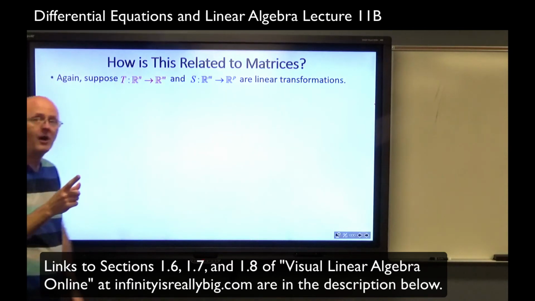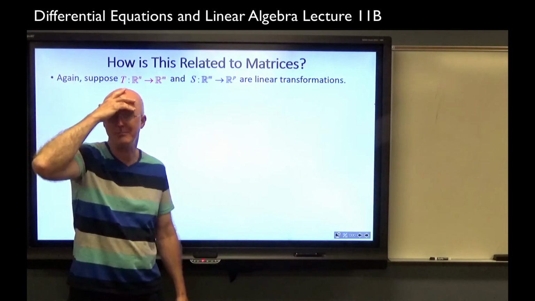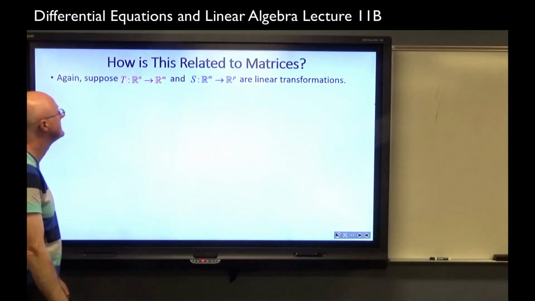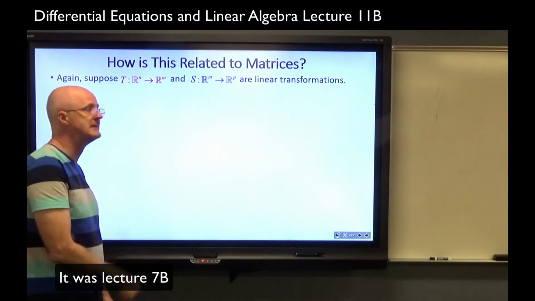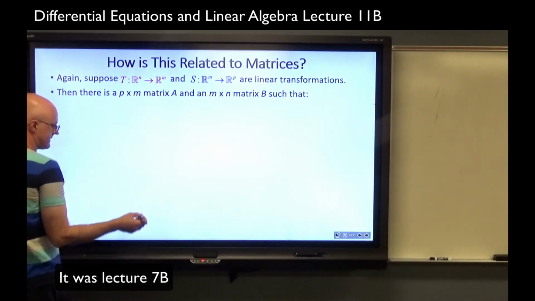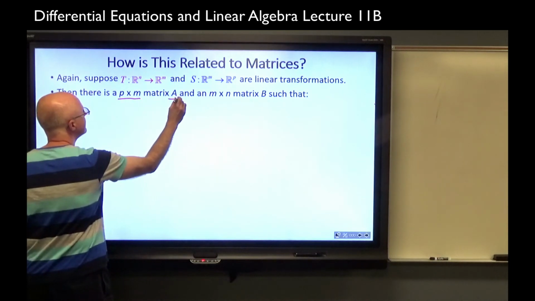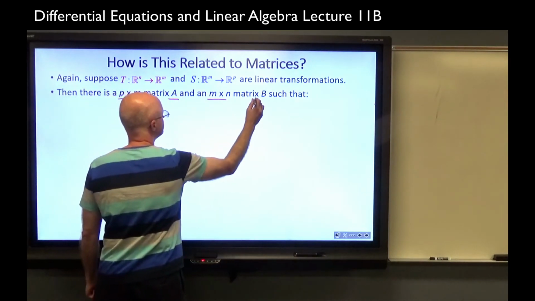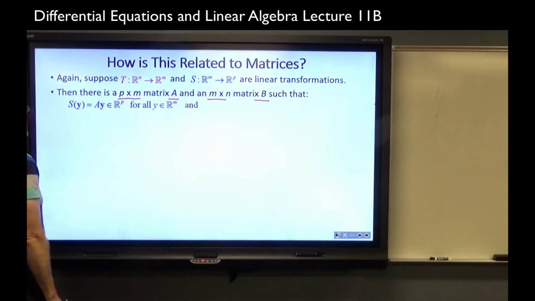Then we know, from what we talked about in an earlier lecture, that there are corresponding matrices that implement these linear transformations, and the order of P, M, and N goes in the opposite direction. There's a P by M matrix A and an M by N matrix B such that S of y is A times y and T of x is B times x.